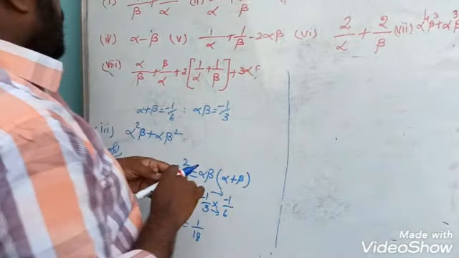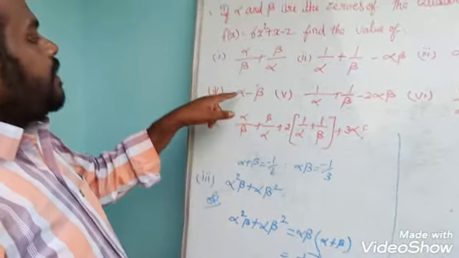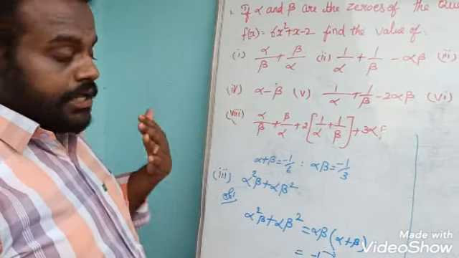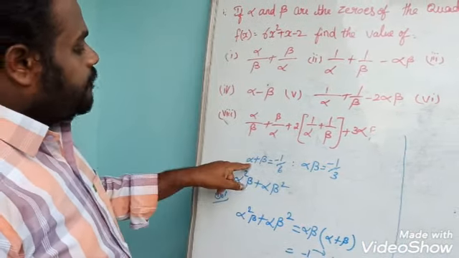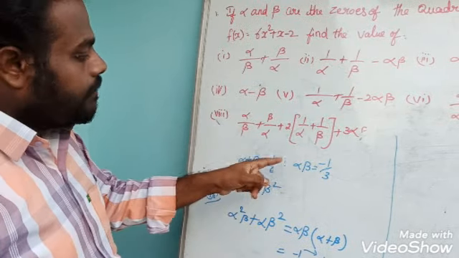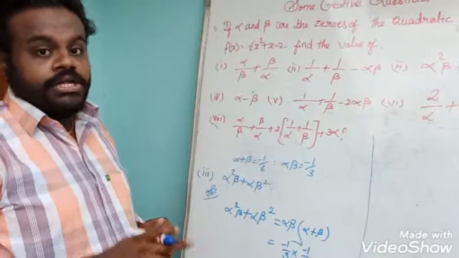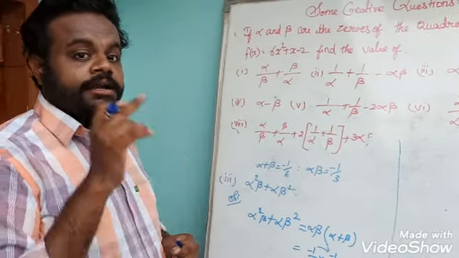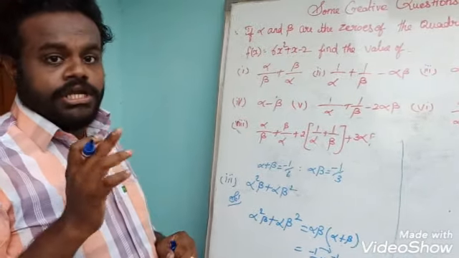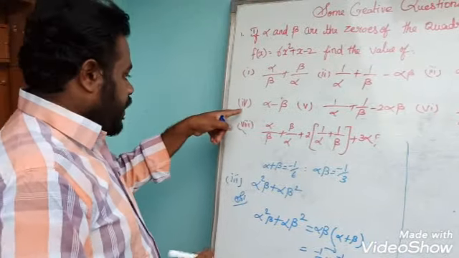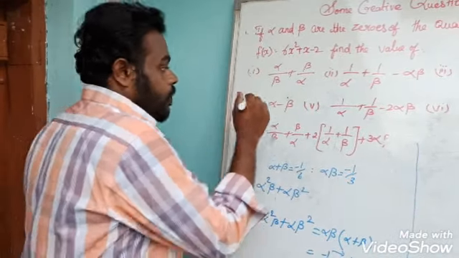Alpha minus beta. Just think. Already you know alpha plus beta and alpha beta. By using a simple factorization, you have to find out alpha and beta, and in your thinking itself, you find this fourth question as homework.